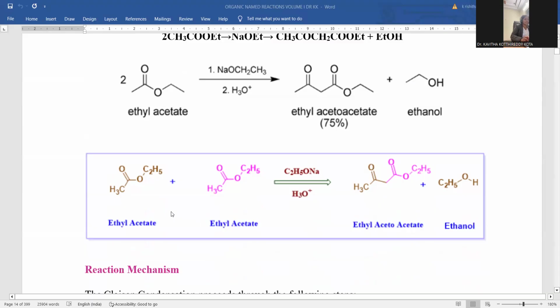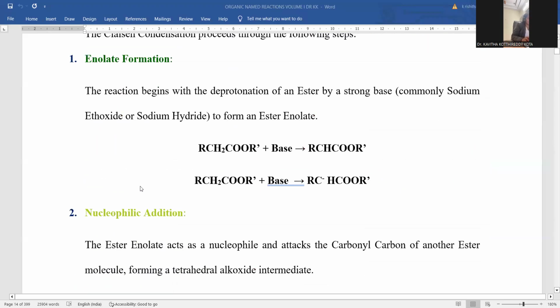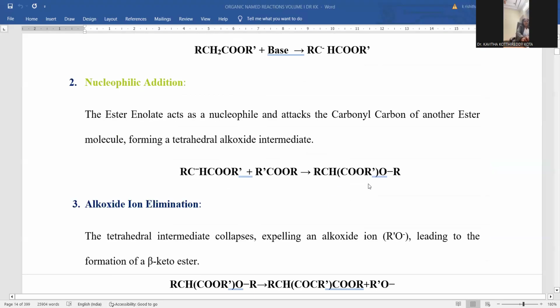The same reaction is also shown with ethyl acetate and ethyl acetate together, treated with sodium ethoxide, giving rise to ethanol as a byproduct. In order to observe the reaction mechanism, first of all, the ester compound is treated with base so that a carbanion is generated. That carbanion generation is step number 1, which can be involved in resonance so that enolization takes place within the molecule.